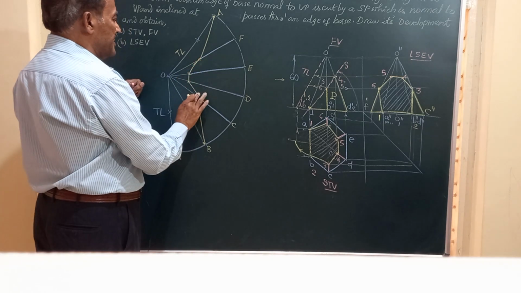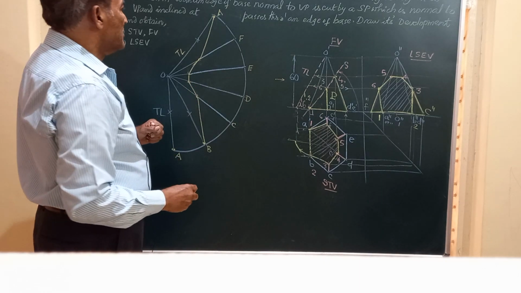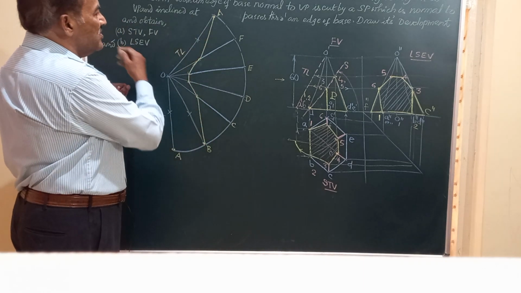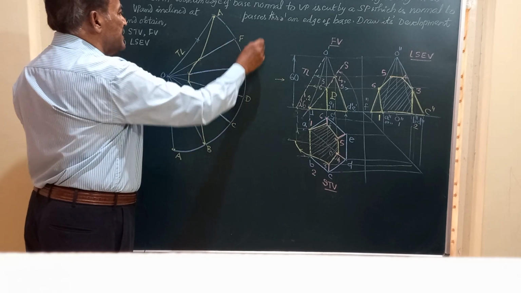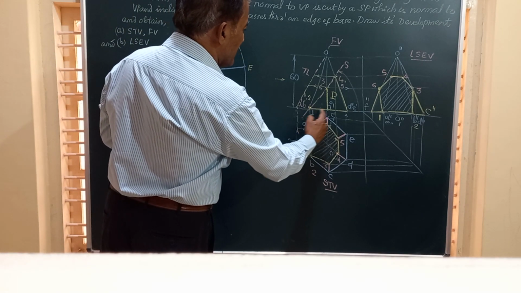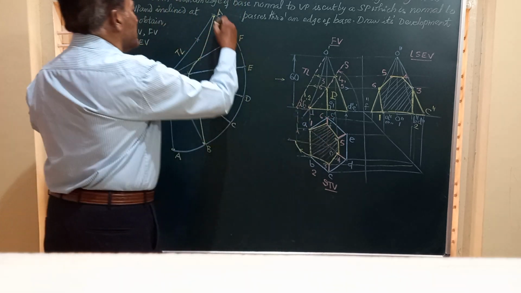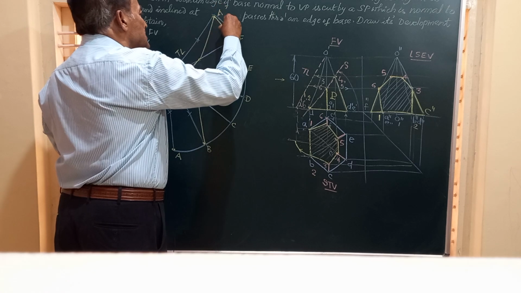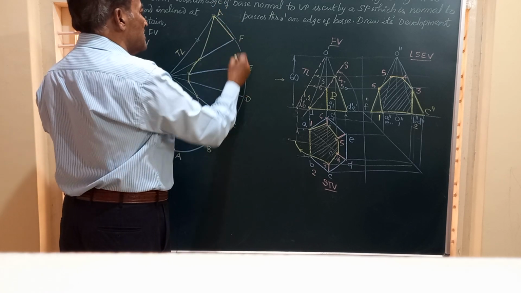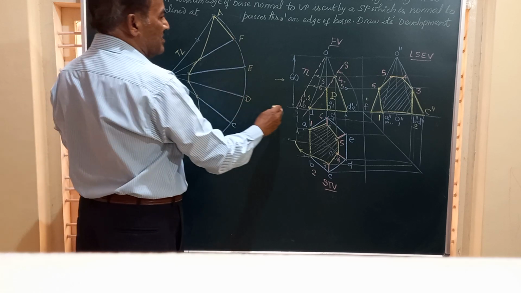These are all straight edges or straight lines. Now friends, here you can see this is removed, this portion is retained, and A to F is retained in the development, so we need to have that. I will show this by a full line because the base edges are visible.